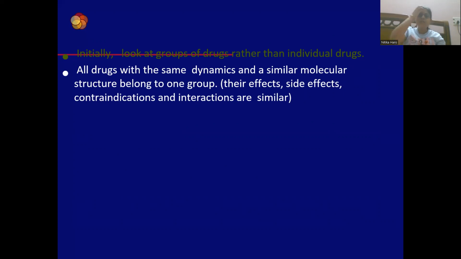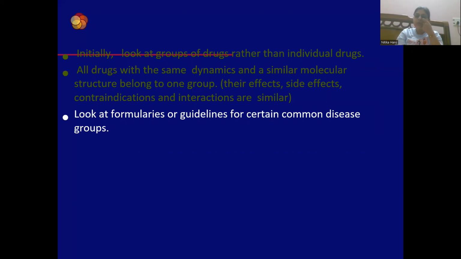For example, nitrates: isosorbide mononitrate, isosorbide dinitrate, pentaerythritol tetranitrate. The drugs that have a similar molecular structure belong to one group, meaning their effects, efficacy, side effects, contraindications, and interactions are similar.